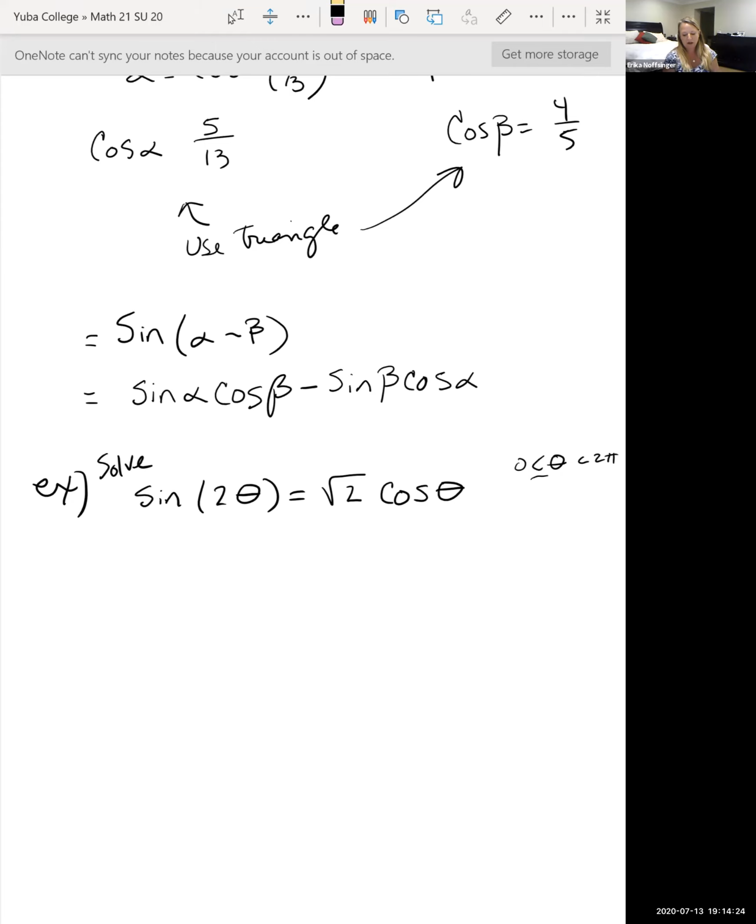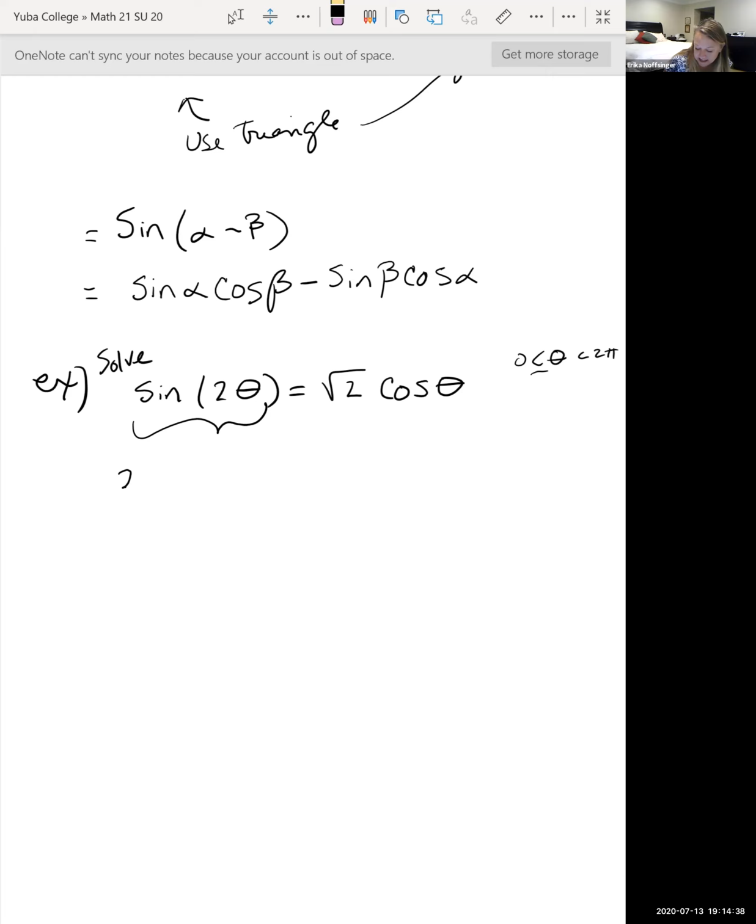So I would probably rewrite sine of 2 theta. I could use my identity. Sine of 2 theta, by the identity, is the same thing as 2 sine theta cosine theta, is equal to root 2 cosine theta.